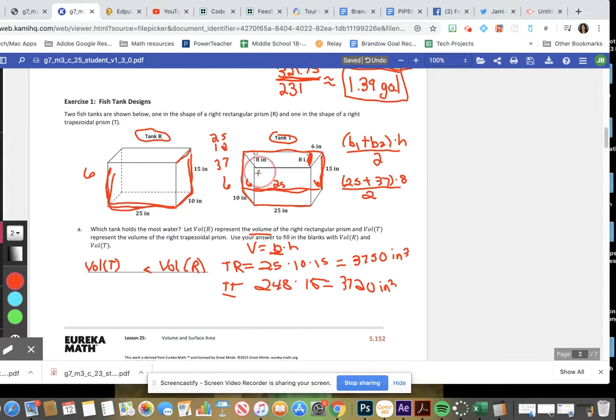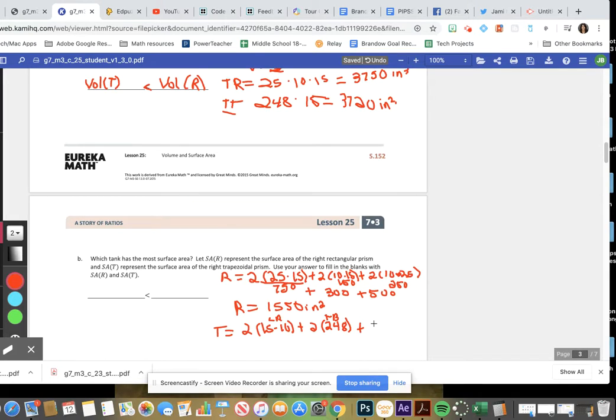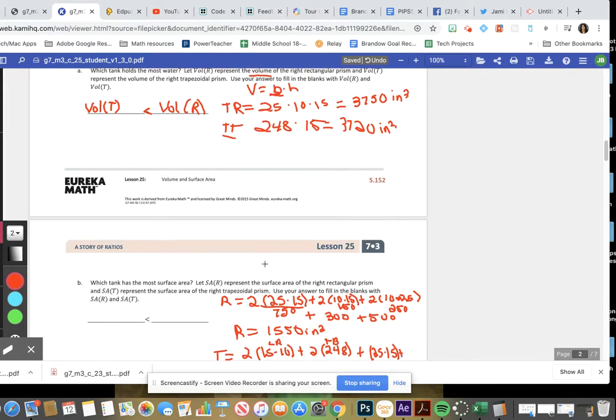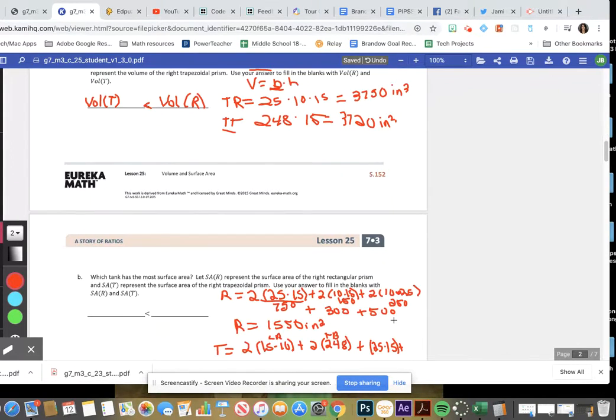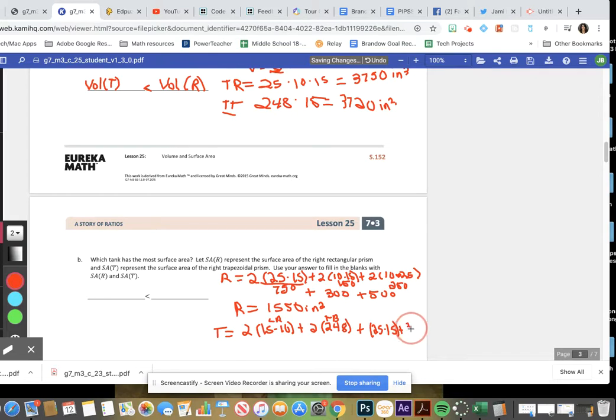Well, our front is going to be smaller than our back. Our front is 25 by 15, so 25 times 15, plus, and then our back was 37 by 15, so 37 times 15.